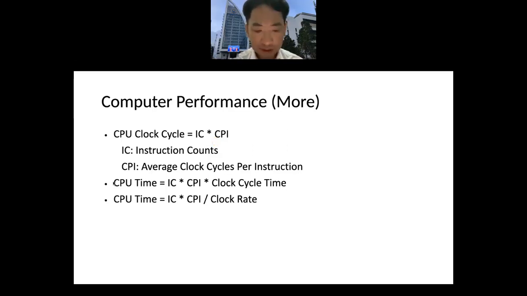When we substitute this equation into the previous formula, we can get this one: IC times CPI times clock cycle time, or IC times CPI divided by the clock rate.